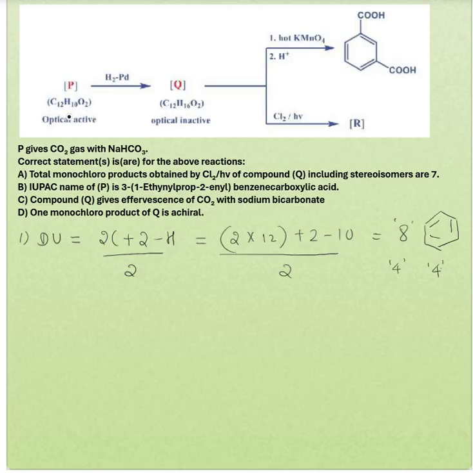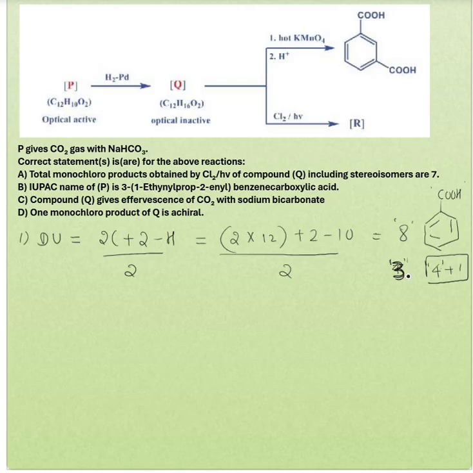Now, P gives carbon dioxide with sodium bicarbonate. What does that mean? That means it essentially has a carboxylic acid. Whenever we have a carboxylic acid, it reacts with sodium bicarbonate to form carbon dioxide gas. And this carboxylic acid will have one double bond. That means this molecule has degree of unsaturation 5. So now we need to account for 3.